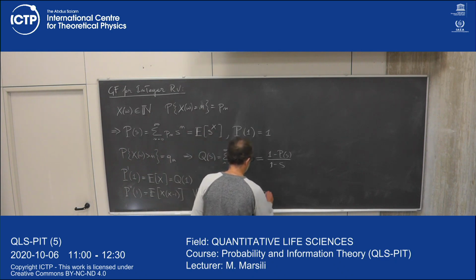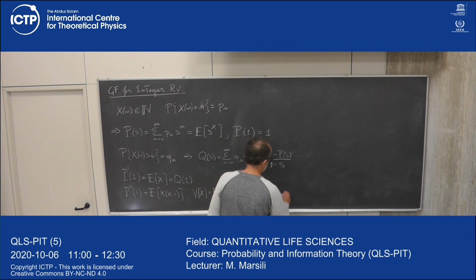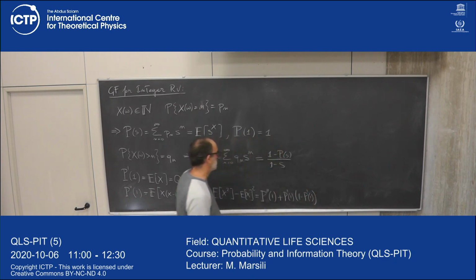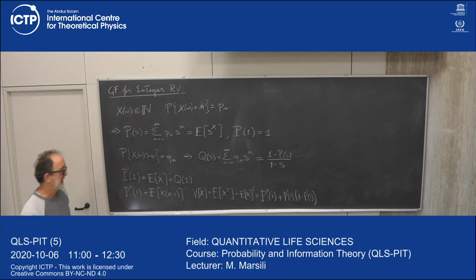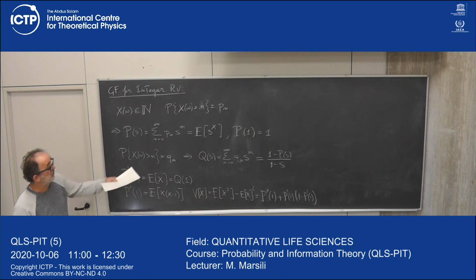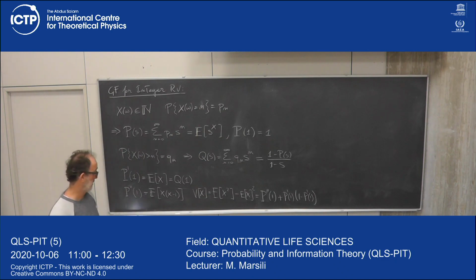And if you do a little bit of algebra, this is the second derivative plus the first derivative at 1 times 1 minus the first derivative at 1. Okay, so by taking more and more derivatives and computing them at 1, you can compute all the moments of the random variable.